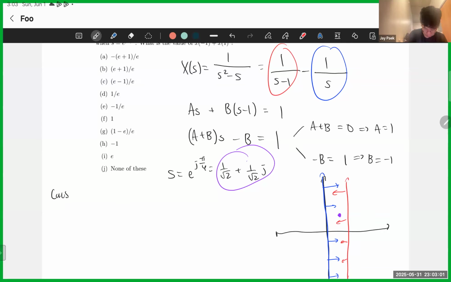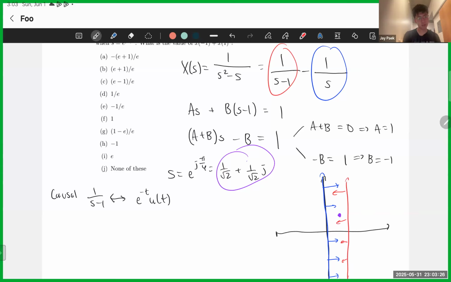So with the causal assumption, we do the inverse Laplace transform of 1 over s minus 1, which, off the top of my head, should be e to the negative t u of t.